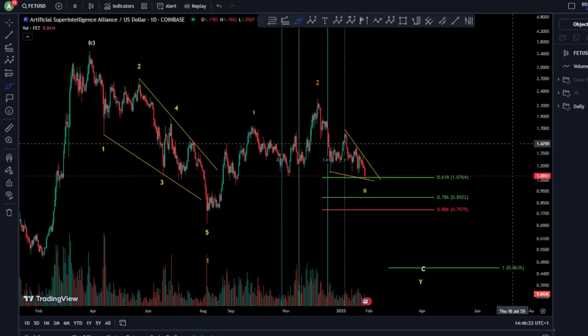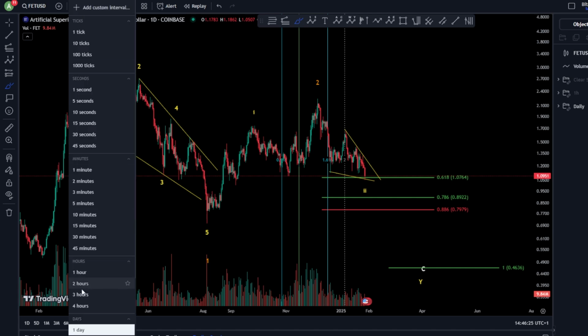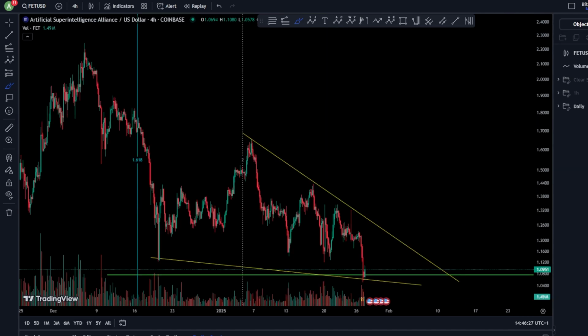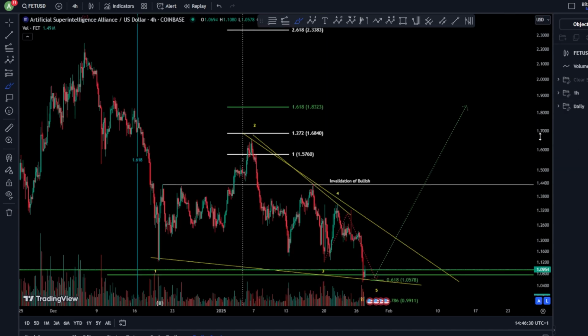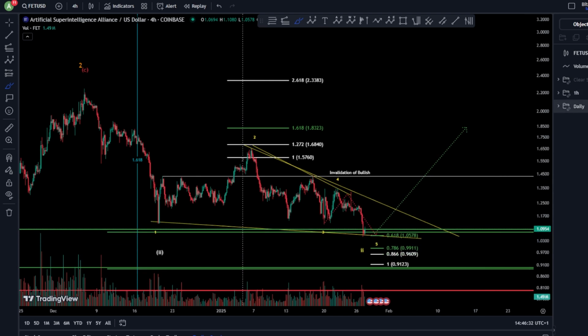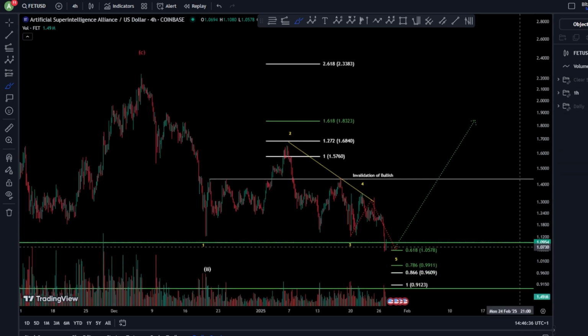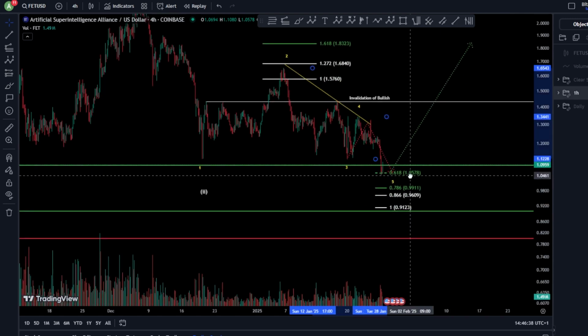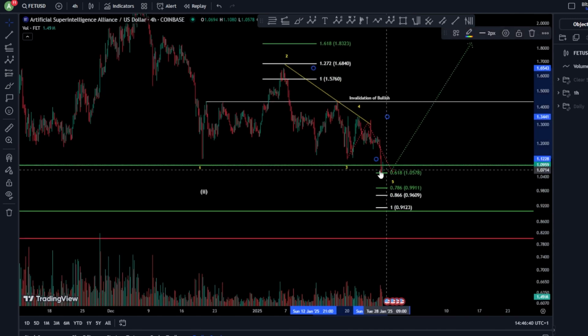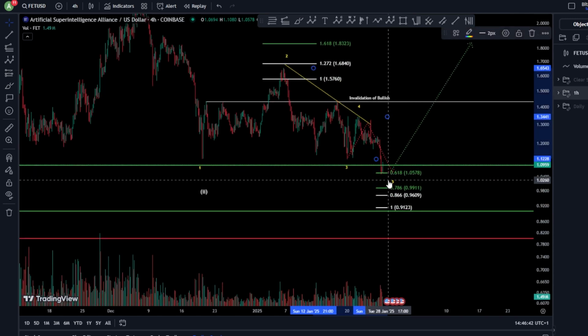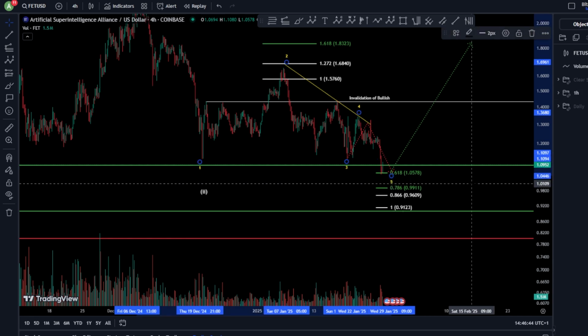Now, if we take a look a little bit closer, let's see the 4-hour chart, for example, what's going on here. If we bring our scenarios here we go. This is what we were expecting on the 4-hour chart. We were expecting those fib levels to be exactly hit for a wave 5 in a contracting diagonal.